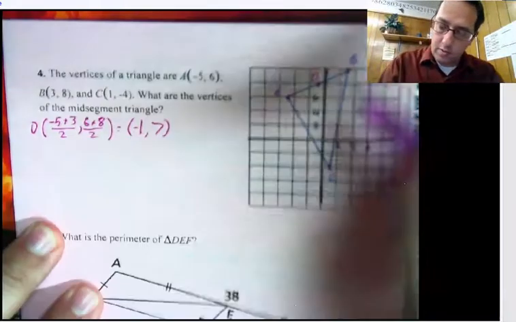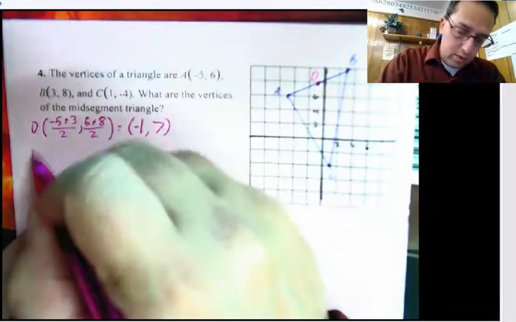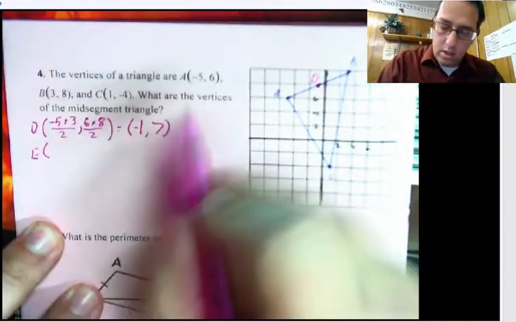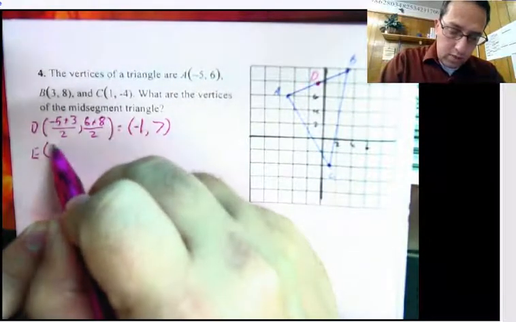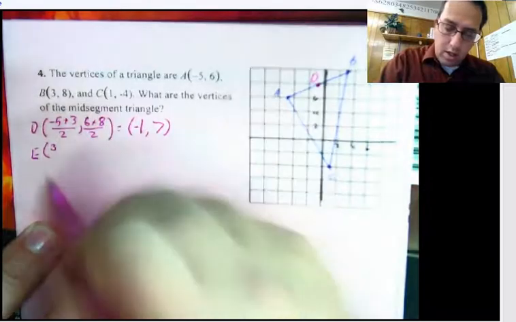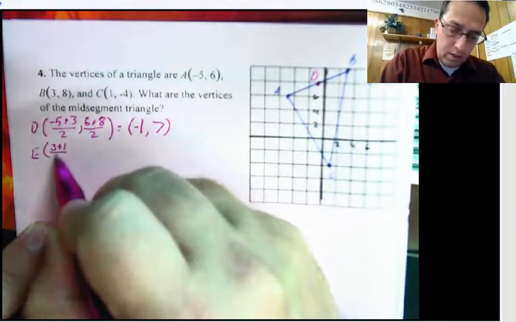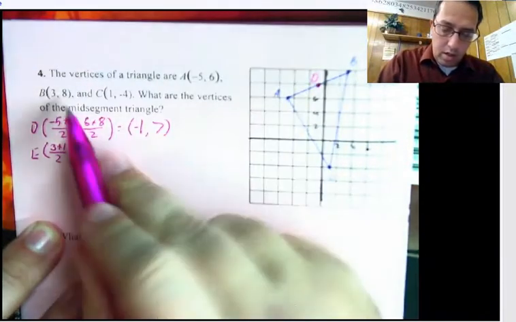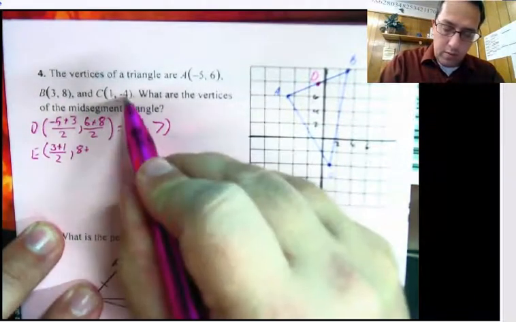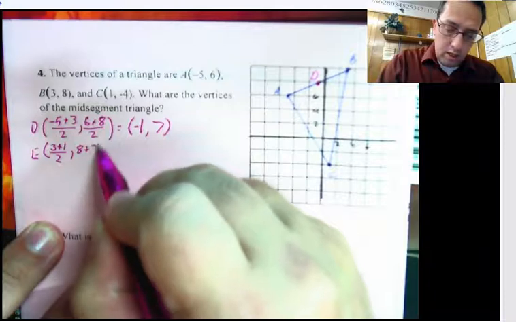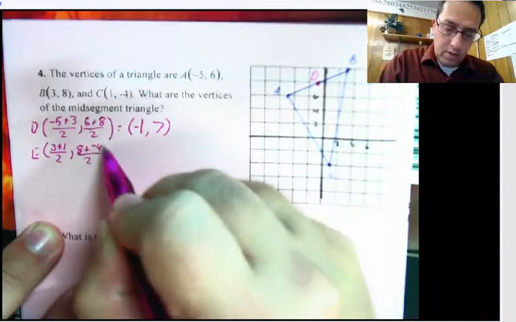Now let's find our next one. We'll do BC. We'll call this point E. So BC, we need the midpoint there. So x1 is 3 plus x2, which is 1, divided by 2. And then y1, which is 8, plus y2, which is -4, divided by 2.